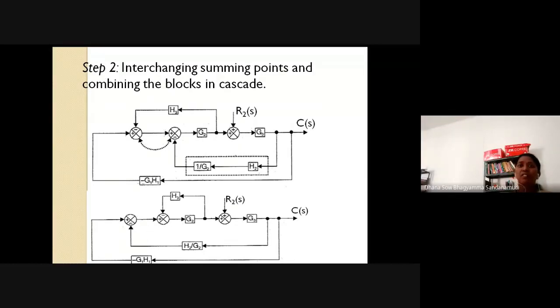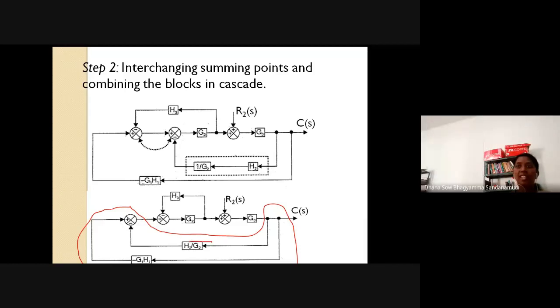If you want, I will show it in this diagram. If you see only this region, these 2 are directed towards the summing point. So this gain value and this gain value are both directed towards the summing point.